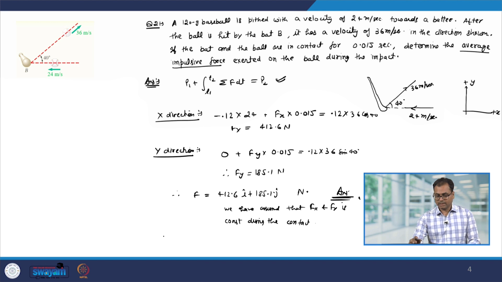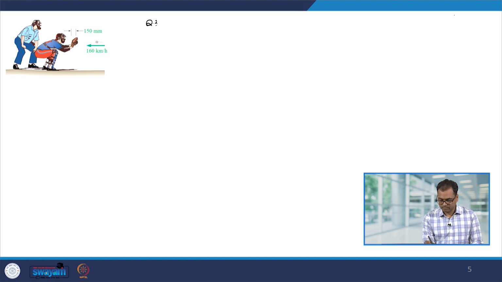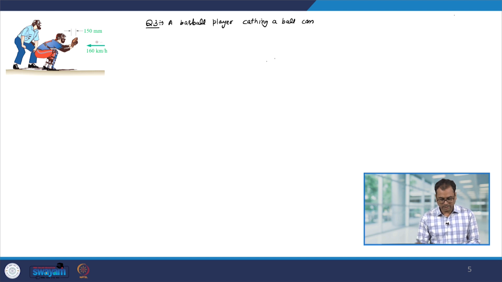Now, let us look at another problem statement. A baseball player catching a ball can soften the impact by pulling his hand back.